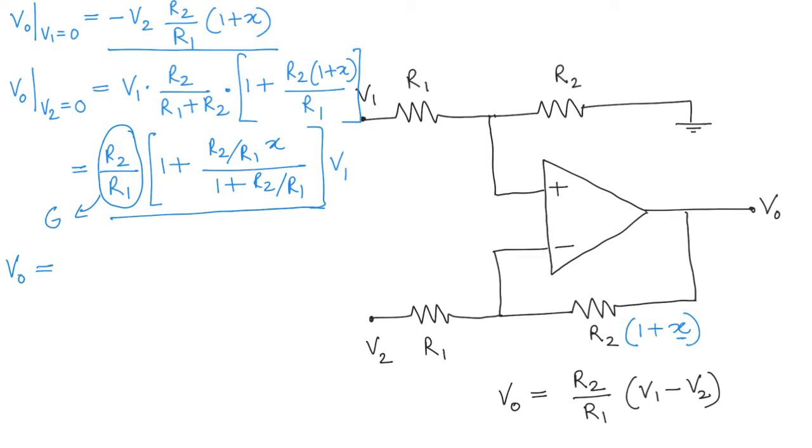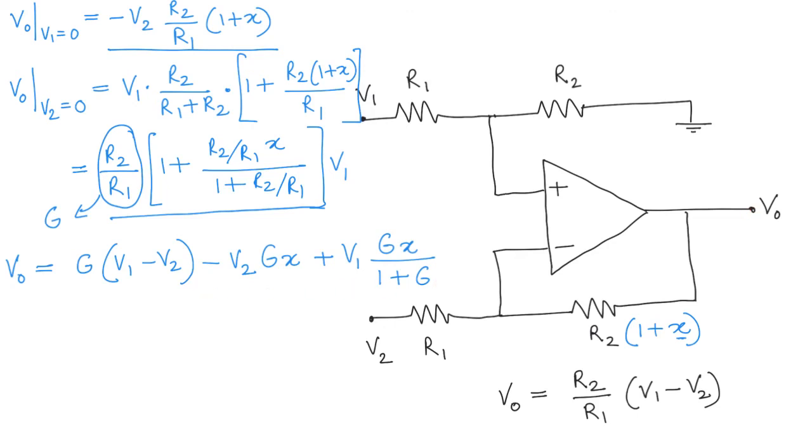So what we get is G times (V1 minus V2), minus V2 GX plus V1 GX by 1 plus G. So you can see that what's happening is that we are not just getting a difference of the two signals, but we are also getting these extra terms here, which distort our output.